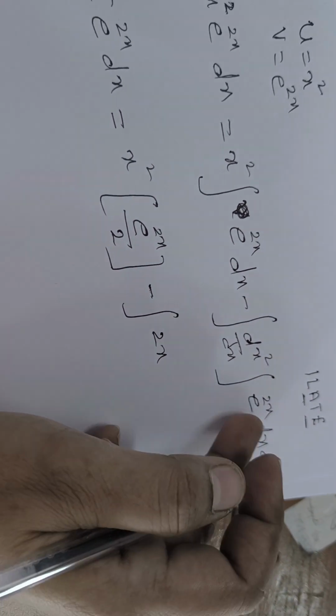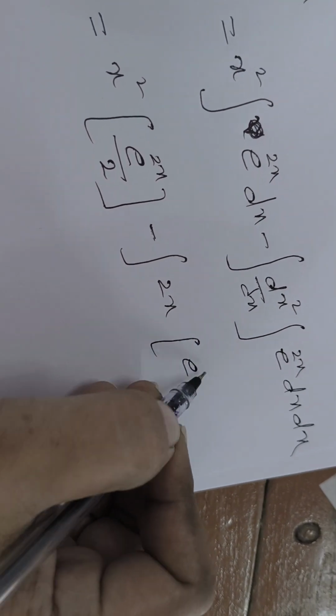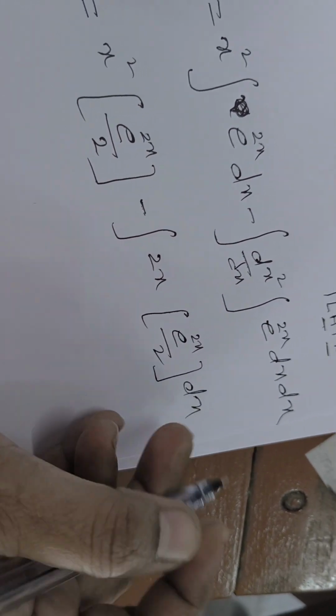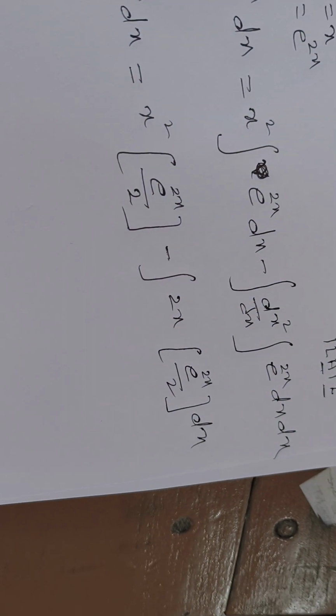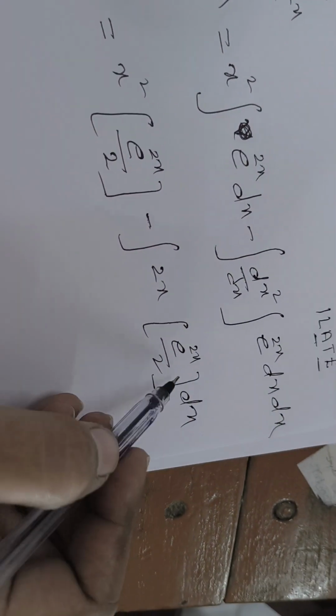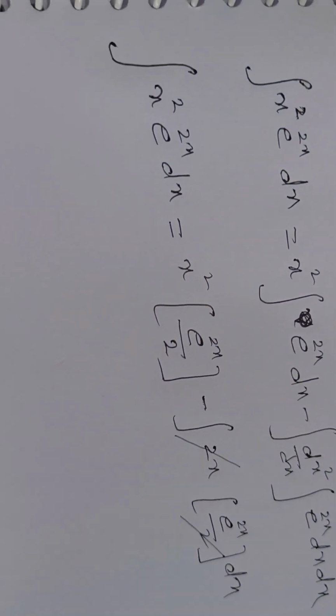Here again the integration of this is e to the power of 2x by 2 into 1 dx, because we have integrated this second term. The first term we keep as it is. Now this denominator and this denominator get cancelled.